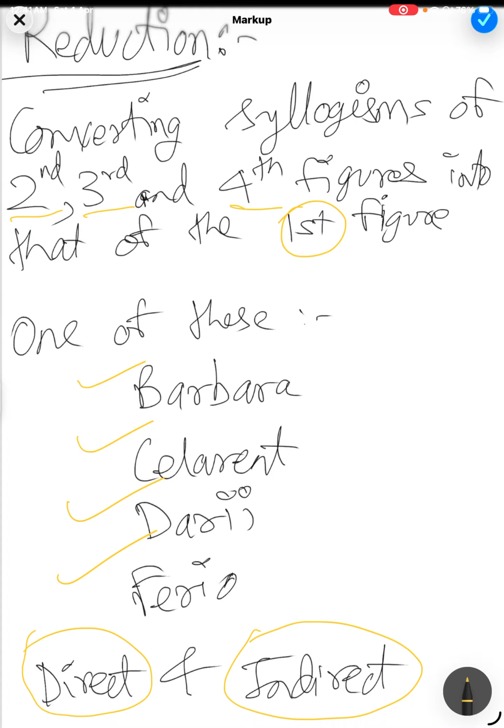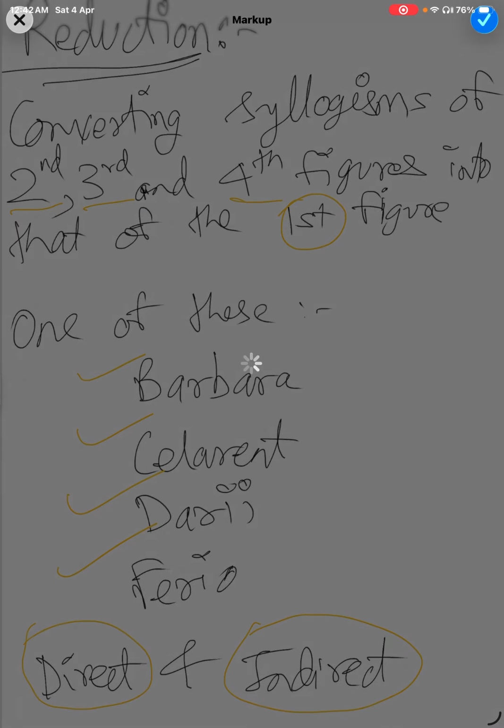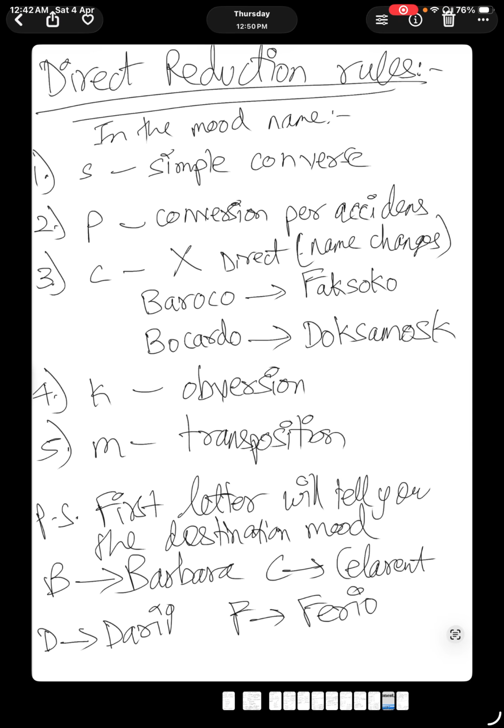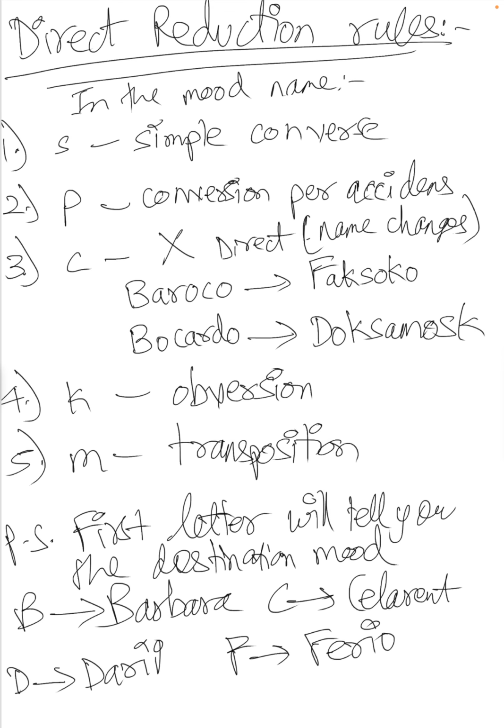So let's see how to do direct first, and then we'll do indirect. Now, to do this, there are a few rules. You just have to straightforwardly apply these rules, and you will get your answer. So, what are the rules of direct reduction?